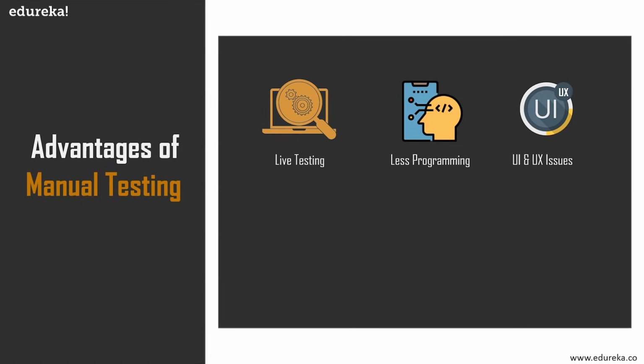So in case of visual testing, manual testing is really helpful. Manual testing requires low investment as it doesn't require any costly tools or high-level skills to perform. So what I mean to say here is that the initial investment in manual testing is very low and manual testing is cost-effective in short-term scenarios.